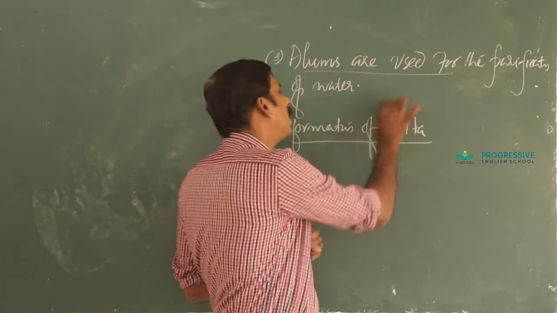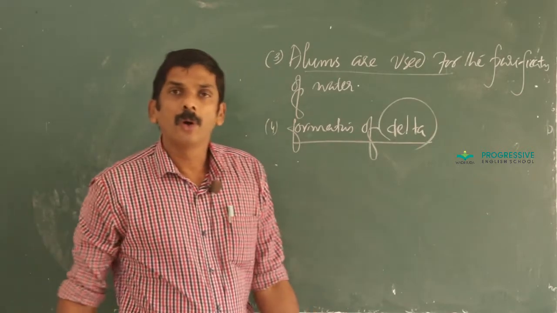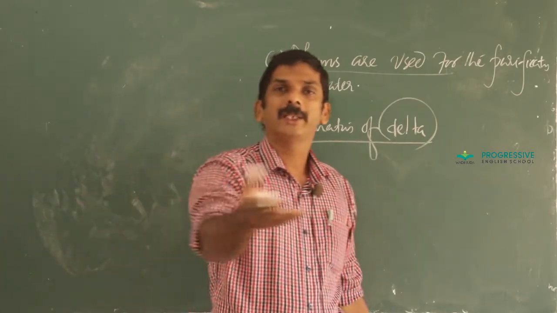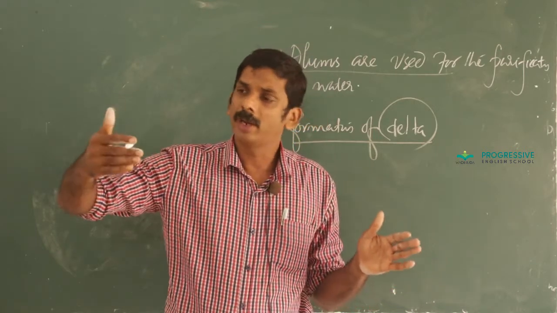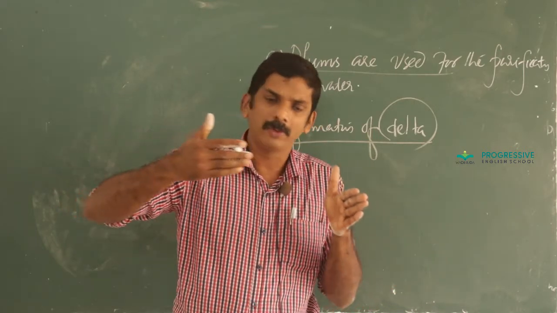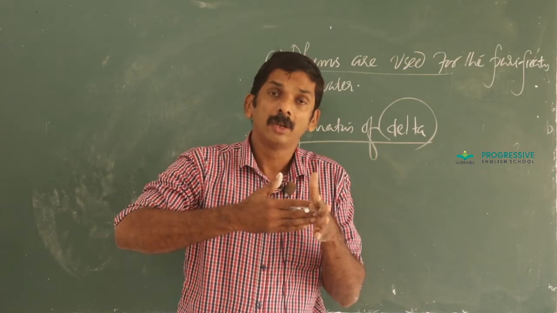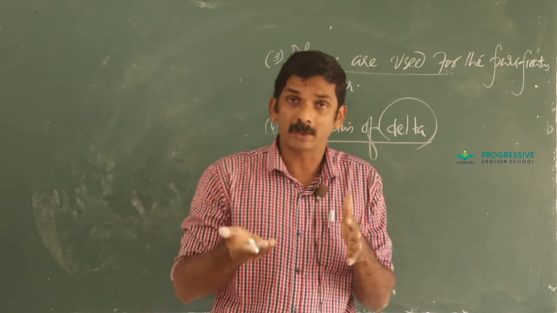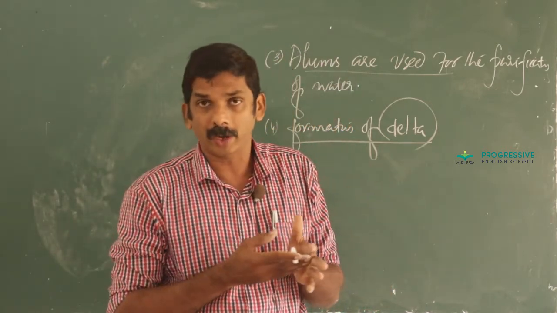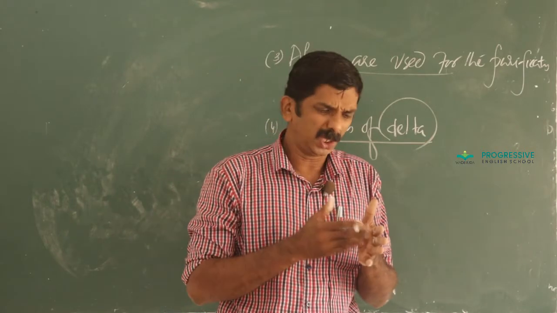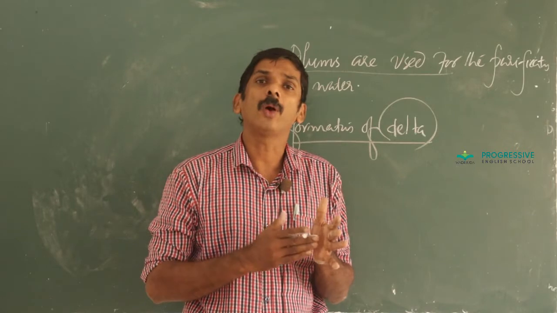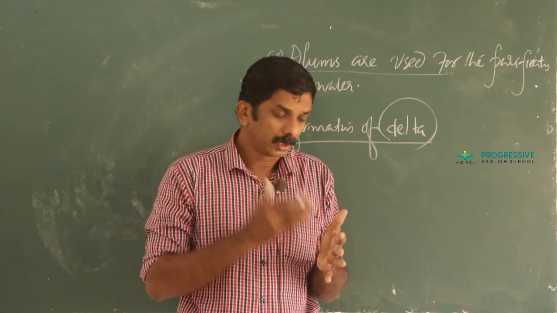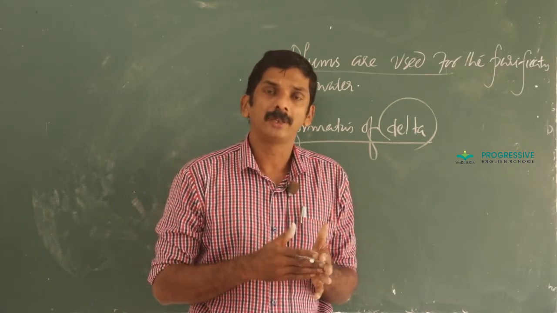How this delta is formed? You know, this river water carries colloidal clay, mud, etc. When this river water meets seawater, which contains various electrolytes, mainly as sodium chloride, in presence of that electrolyte, colloidal particle get deposited.